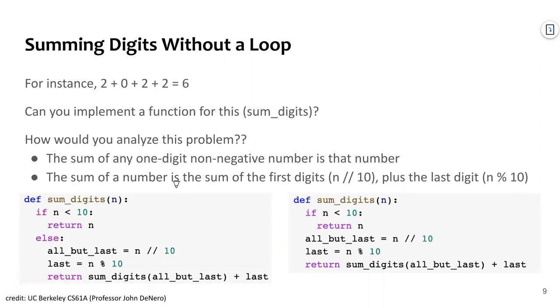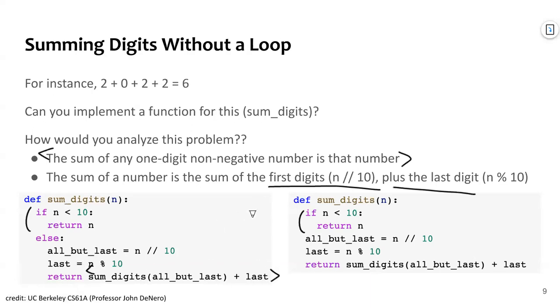Let's talk about here. I told you that the sum of any one-digit non-negative number is just that number. So that is our base case right here. And the sum of a number is the sum of the first k-1 digits, plus the last digit. So that's what comes here.